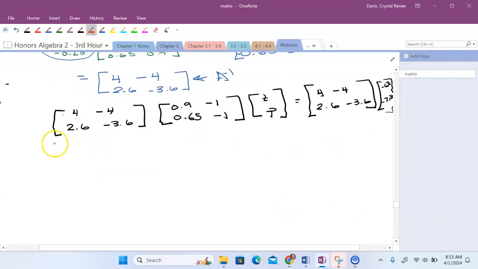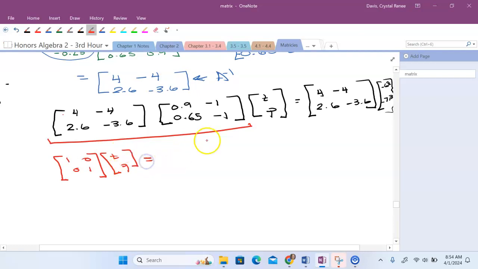All right, so as a reminder, this is my identity matrix. So 1, 0, 0, 1. Then I'm left with T and P. Okay, that's going to equal, okay, so this is going to be 4 times negative 6.8 plus negative 4 times negative 7.3.